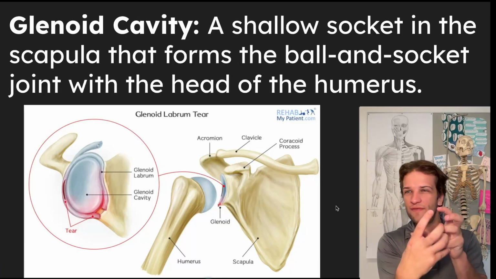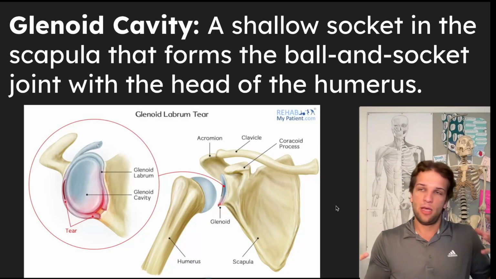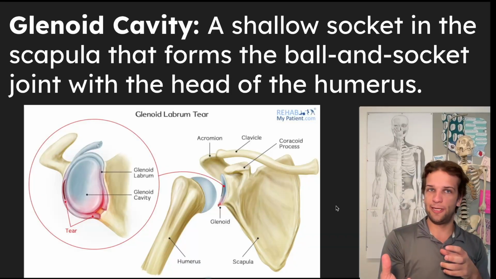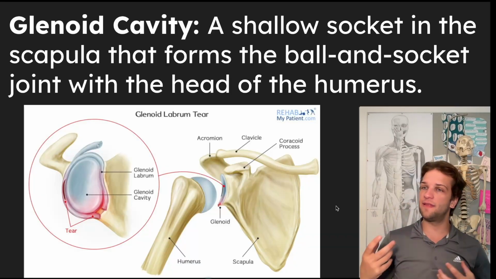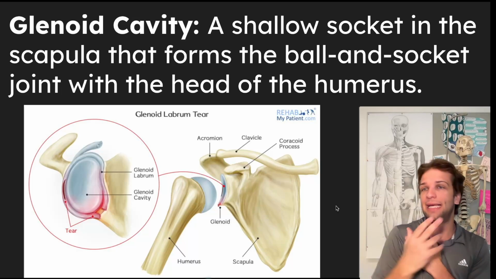And all of these things come together to form what we call the glenoid cavity, right? This is a ball and socket joint. And so the socket, the thing that your humerus, the arm bone, is actually going to fit into, is the glenoid cavity.